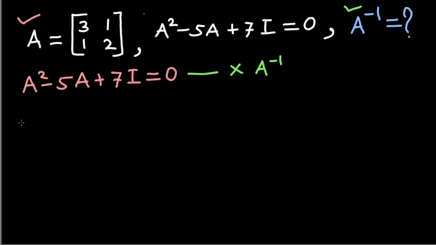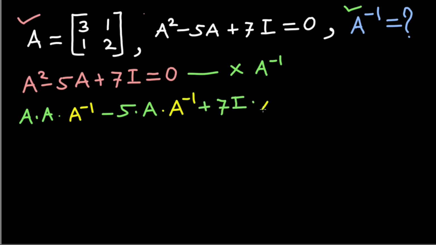So A square will be A into A multiplied by A inverse, minus 5 into A inverse, plus 7I into A inverse equals 0 into A inverse, which is 0.